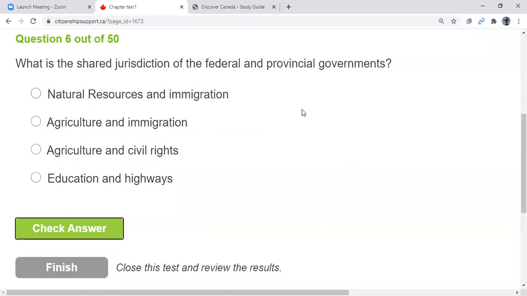This is in the part that you read, I think, down in the federal state area. Number 3. Agriculture and something. Civil rights? Immigration. Agriculture, that one? Number 2. Yeah, agriculture and immigration. So farming and welcoming people to Canada and the provinces. Okay, good.